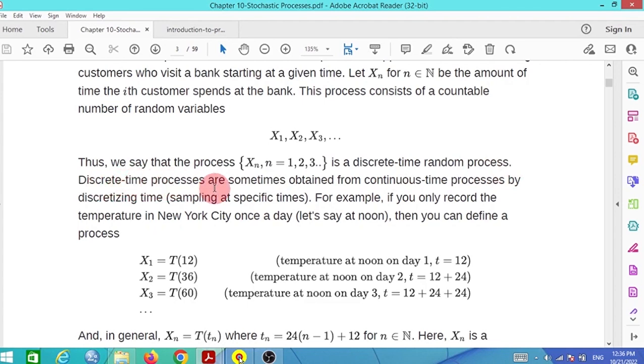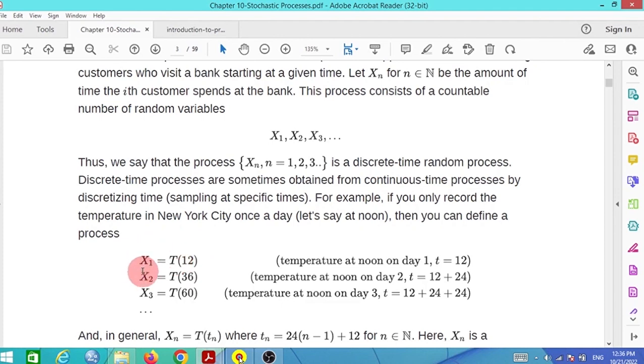Discrete time processes are sometimes obtained from continuous time processes by discretizing time. Okay, for example, for temperature, we check or compute it on any day at this time.